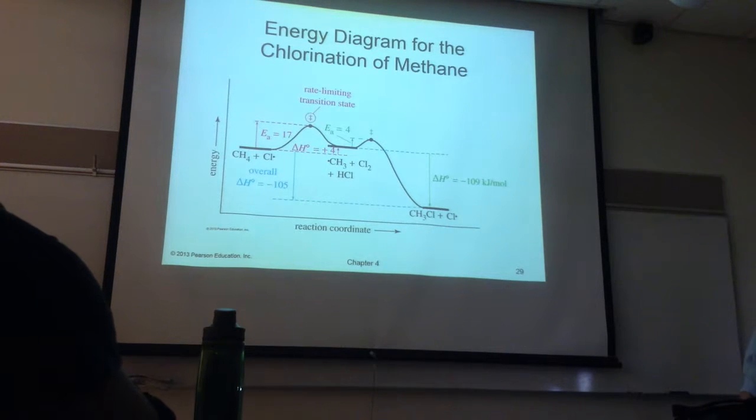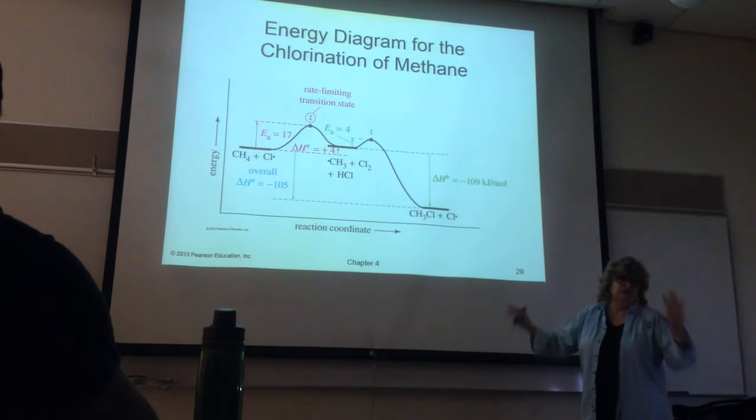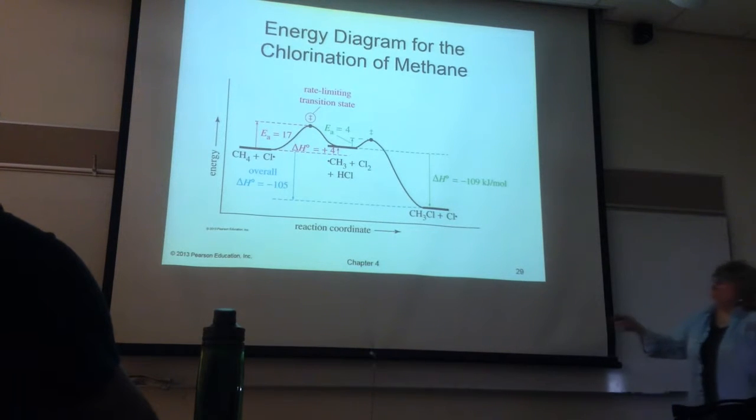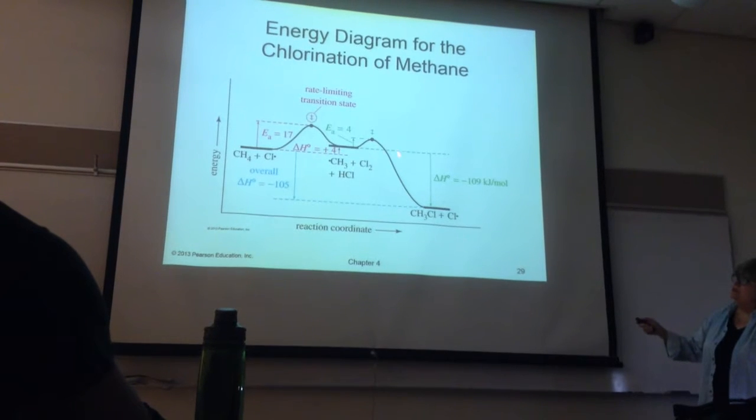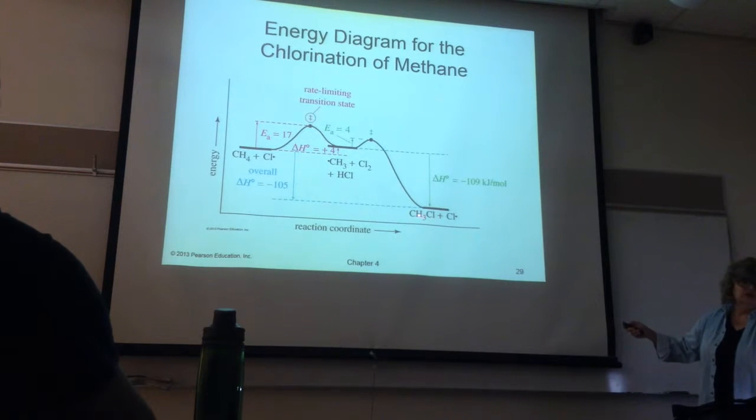So you have an endothermic step to the intermediate, exothermic to product, overall exothermic, okay? You're going to be going through 2 transition states, so you'll go through transition state number 1 to get to the intermediate, and then the second transition state to get to the product.